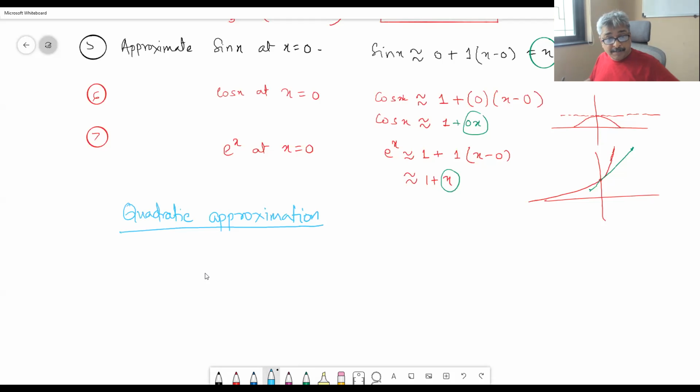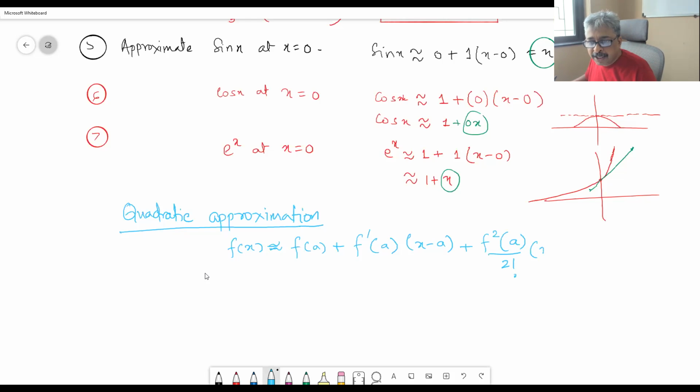Okay, so for quadratic approximation, what we will say is f of x is approximately equal to f of a plus f dash at a into x minus a, and we will not stop after this. We will have one more term, second derivative evaluated at a upon 2 factorial, that is 2, into x minus a raised to 2. That is how we will do the quadratic approximation.